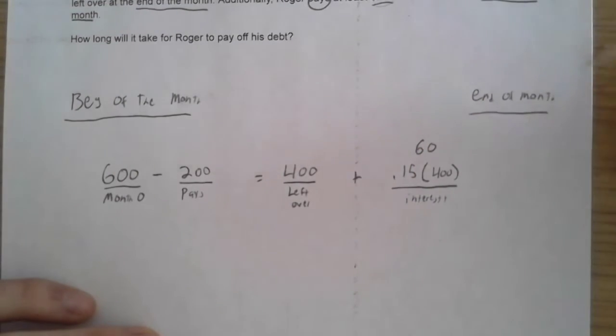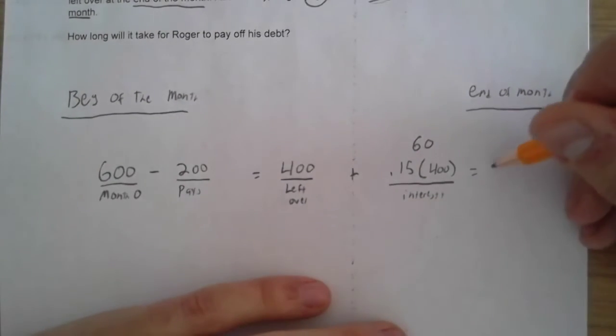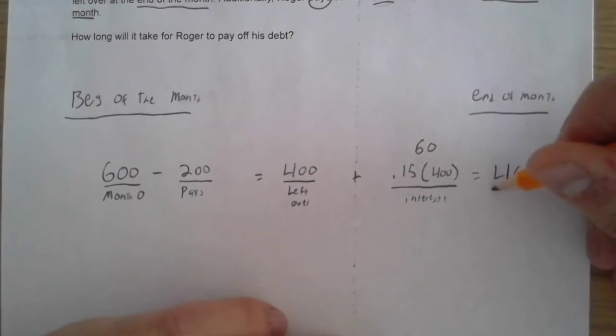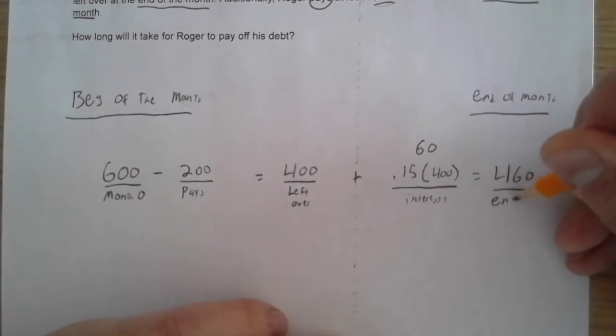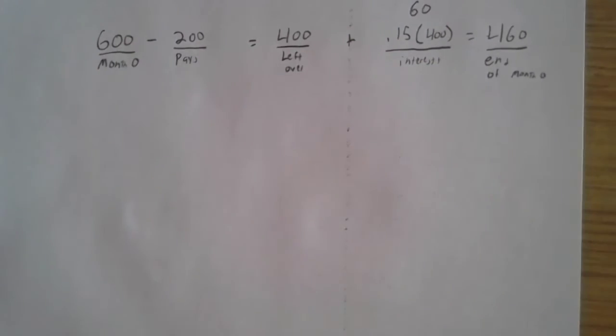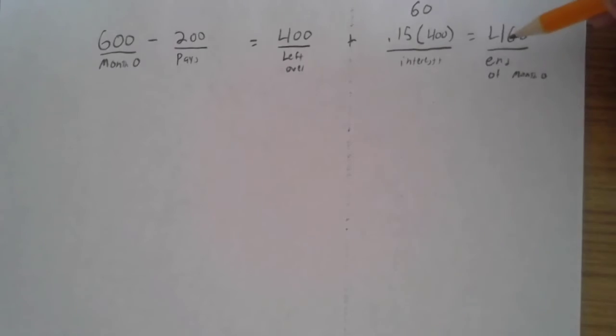What we are left with at the end of the month is this $400 plus the interest it accrues, which is going to be $460. Now, this gives us the value at the end of the first month, which is month 0. All right, so we know that we still owe $460.